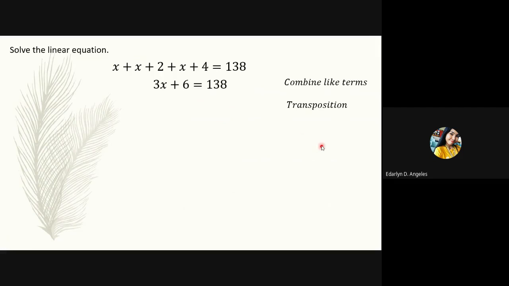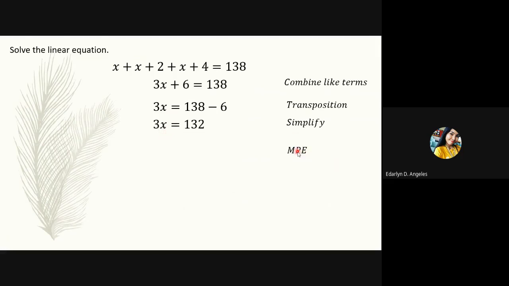Okay? Next would be to simplify our equation. That would be 3x equals the difference of 138 minus 6, which is 132. Okay? Again, we need to isolate the x. So we need to make the numerical coefficient of this one only 1, for us to only have x.